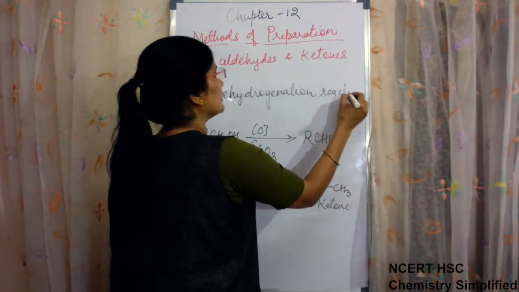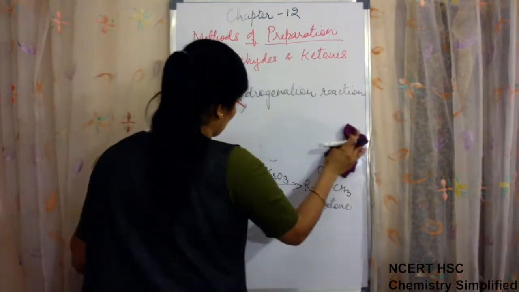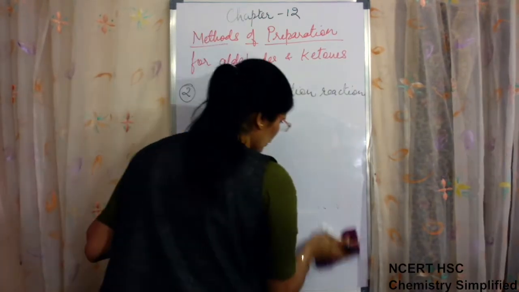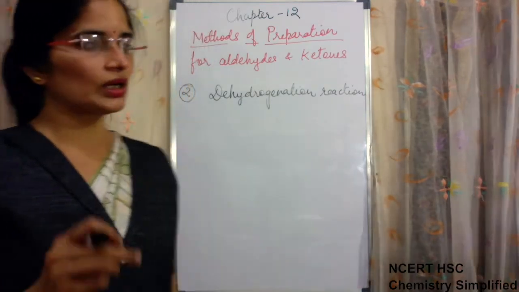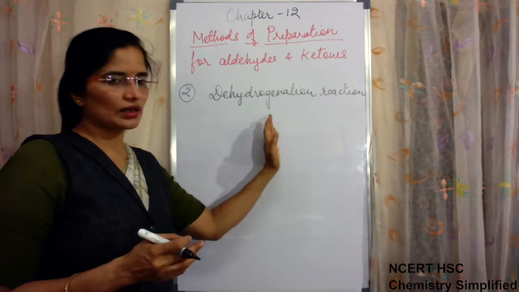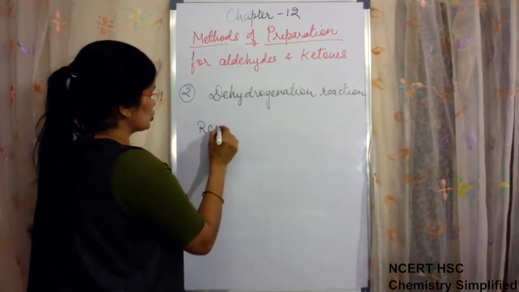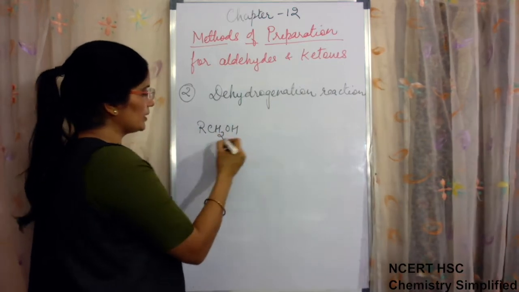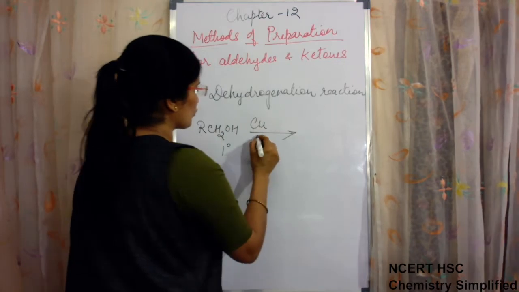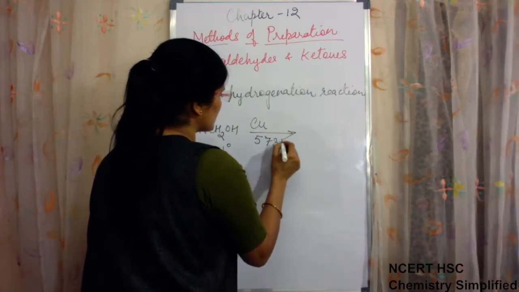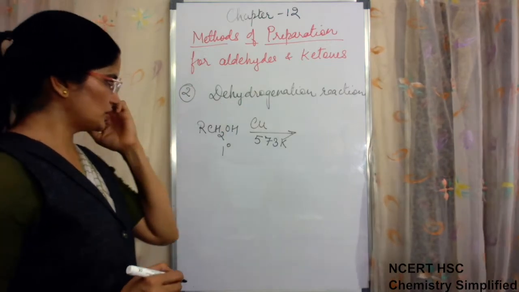In this reaction also the same products are obtained, the same reagents are used. The only difference is that the catalyst used here is different. So again RCH2OH, this is a 1 degree alcohol, when treated in presence of copper at 573 Kelvin, it undergoes dehydrogenation.